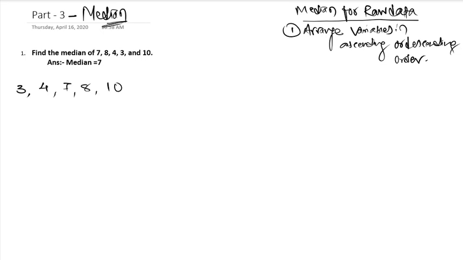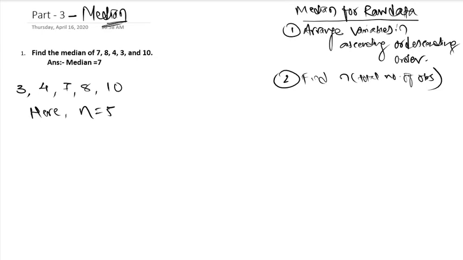So the second step says that find n. What is n? Total number of observations or variables, right? So here n is equal to 5. Then what? So there are two criteria here. One, if n is odd. अगर n odd है तो क्या करना है?